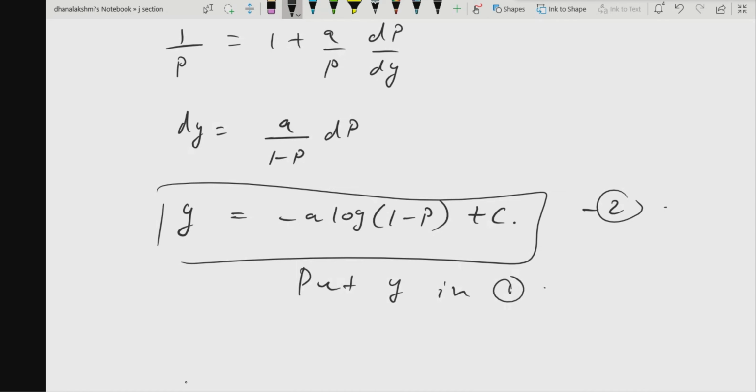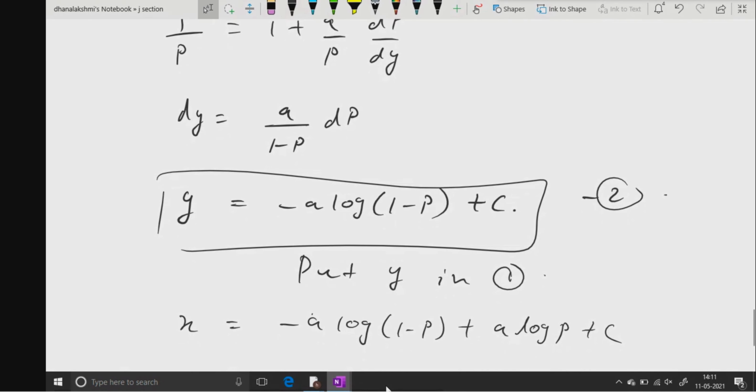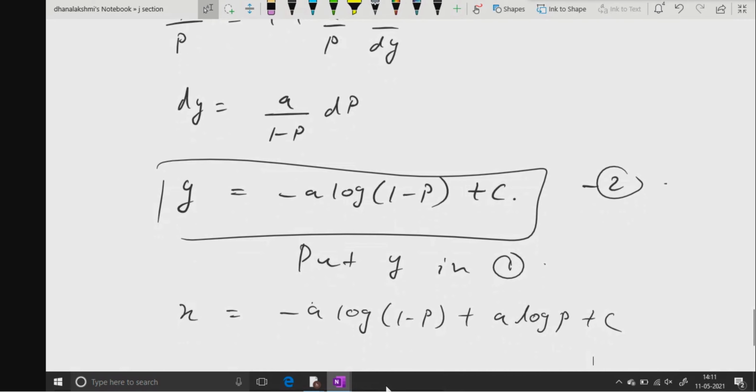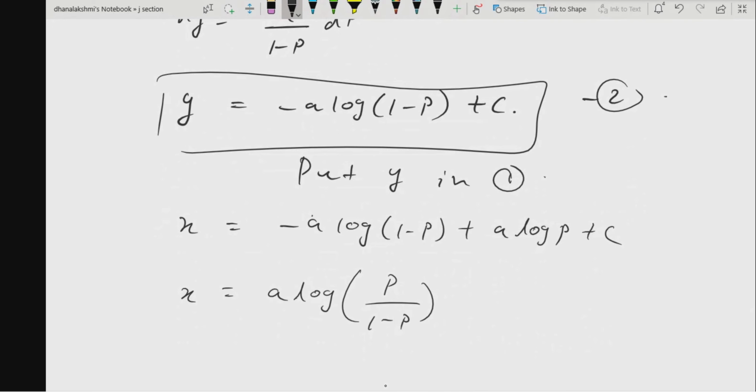So your x value will be equal to minus a log of 1 minus p plus a log p plus some constant. So this also you can write, or again x can be written as a log of p by 1 minus p plus c.